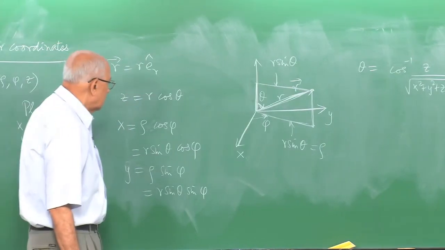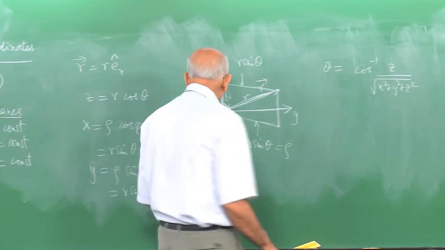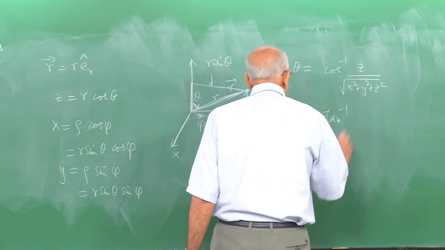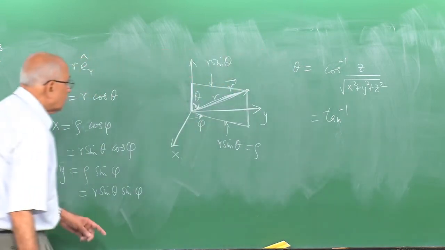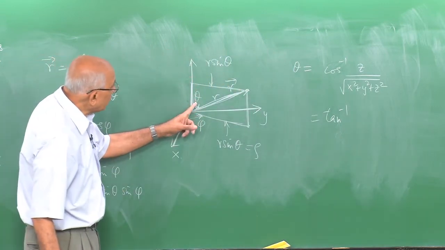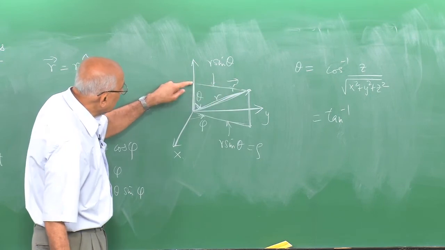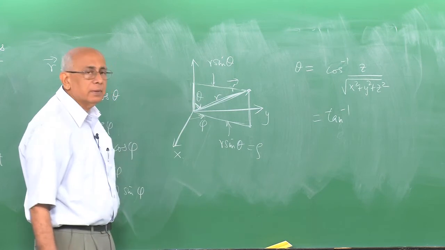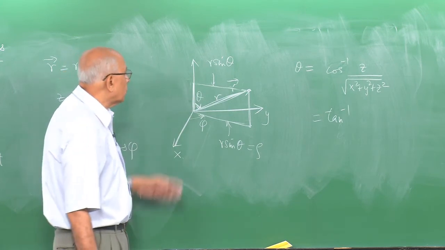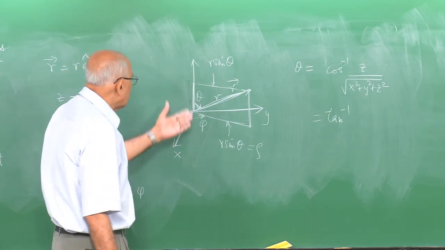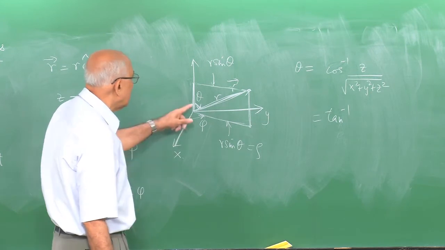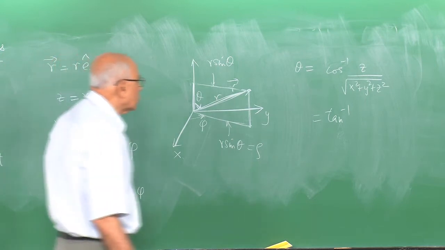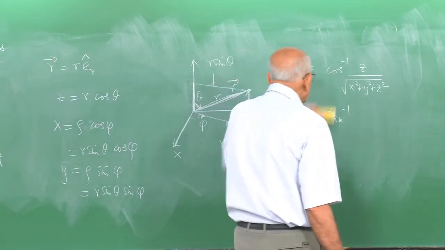You could also write this in terms of tan inverse. Well, from this relation you can see that the tangent of theta is this vertical divided by this horizontal, so it's rho divided by z, which is equal to r sine theta divided by this base here. So you can write this in a number of ways, it doesn't matter, I leave it to you to do that.